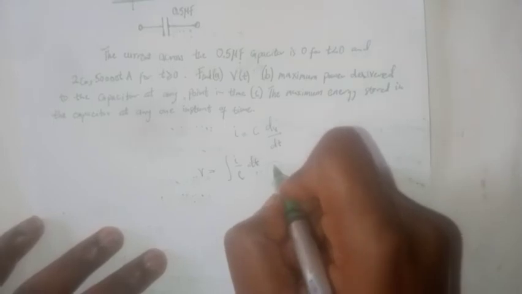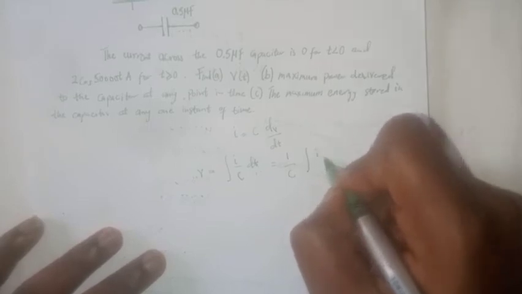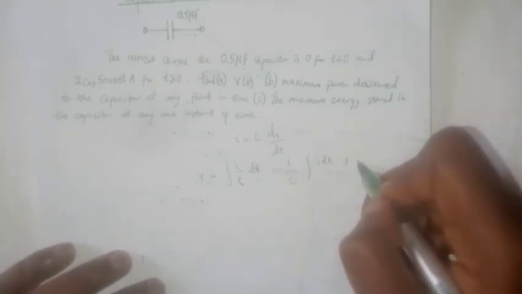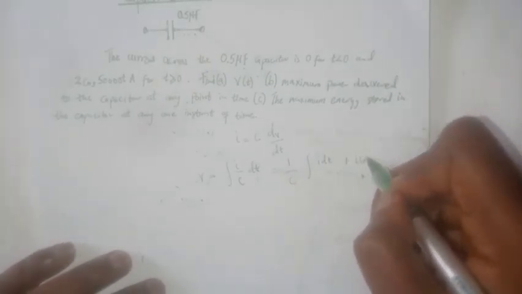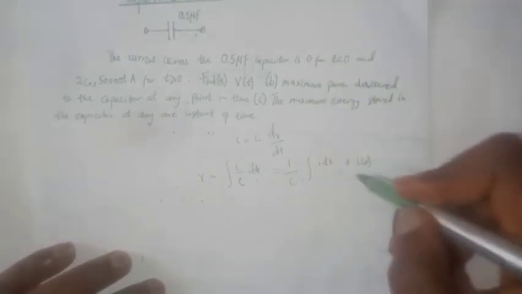We can write this as 1 over C integral of i dt, plus some initial condition i(0), which is actually equal to 0 in this case. Yeah, it is specified here. So okay, let us integrate 2 cos 50,000t.